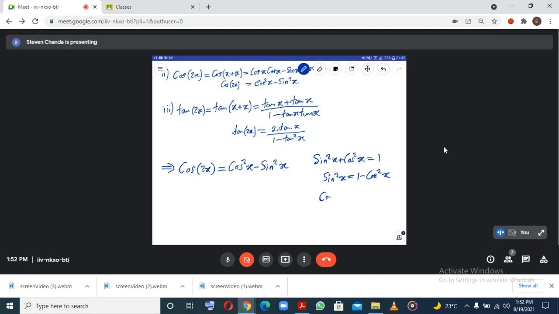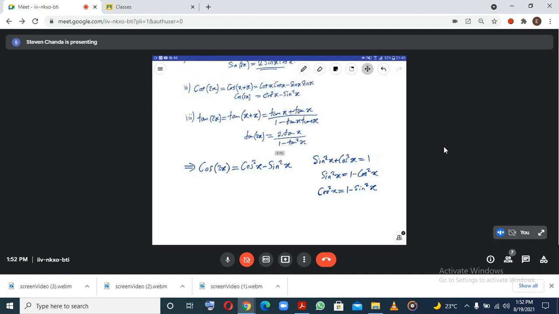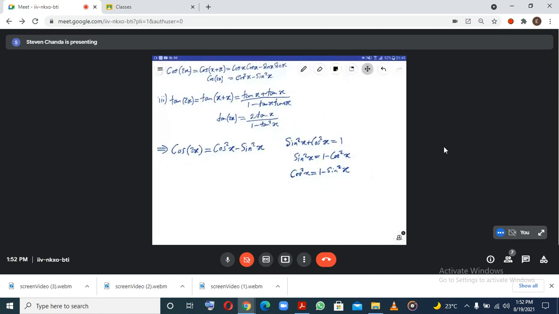Then let's make cos squared x the subject of the formula. Okay, so having done that, we now want to substitute into this equation on our left. So let me use a different color so that we can appreciate it.